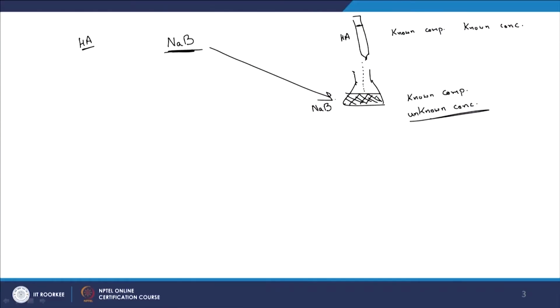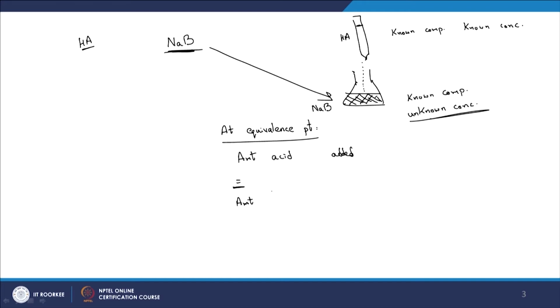Hopefully you understand that. So let's just jot that down. So at the equivalence point, what's going to happen? The amount of acid added will be equal to the amount, or equivalent, I guess.